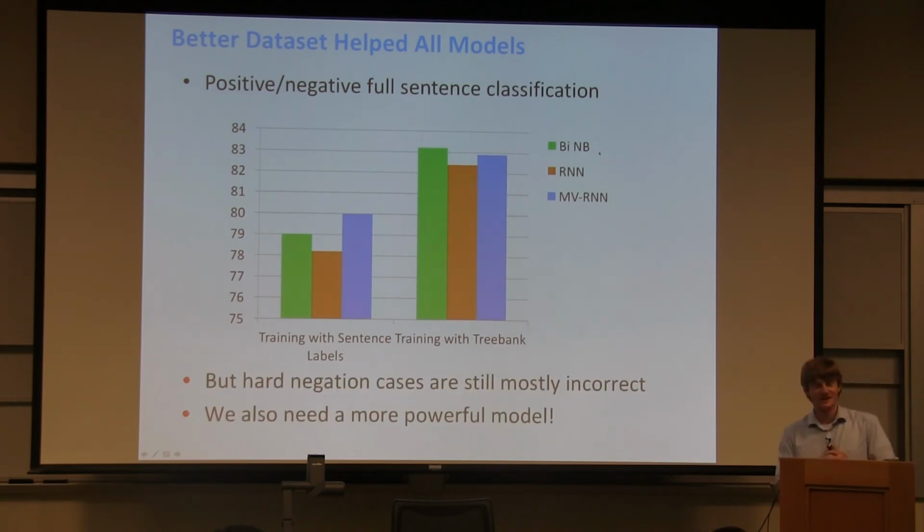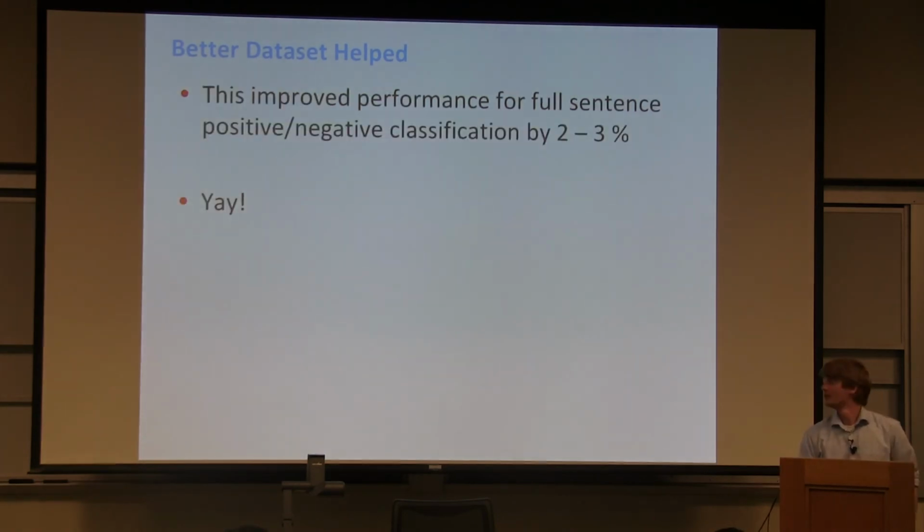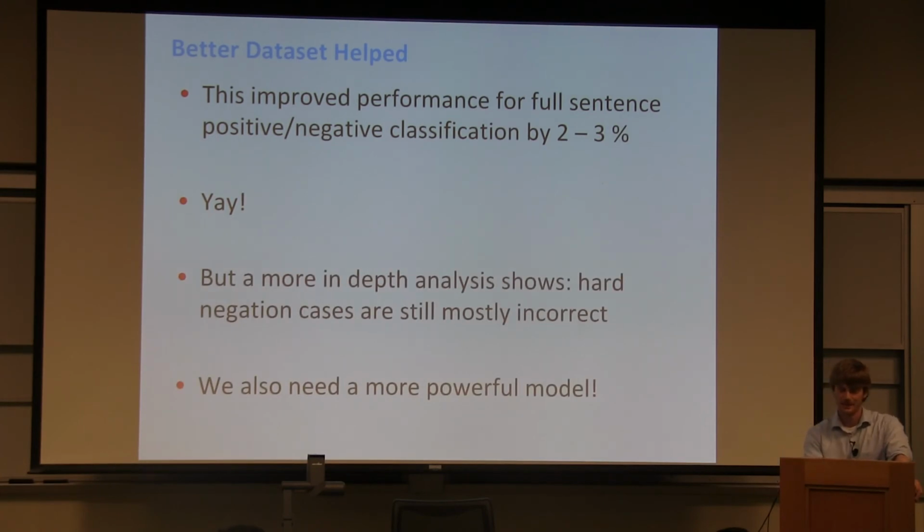So the hard negation cases were still mostly incorrect. And that now is a great motivation to actually find a better model, a more complex neural network type architecture that should be able to get this right, especially for things like negation.